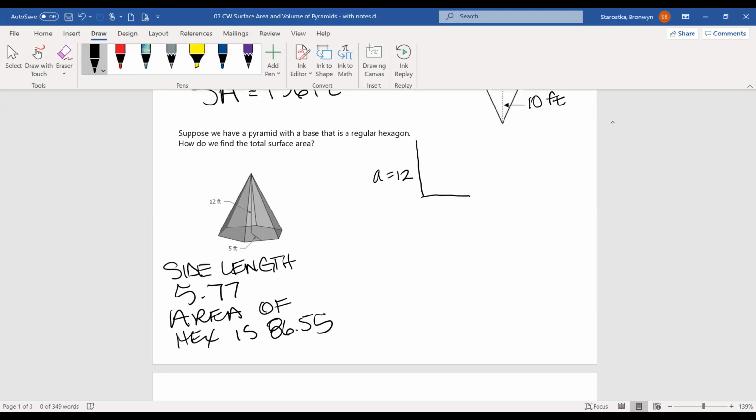And the base of that triangle, the apothem, is 5. Well, we know that when we are finding the surface area of a pyramid, we need that slant height, L. That's slant height. So using Pythagorean theorem, I'll just tell you L is 13.